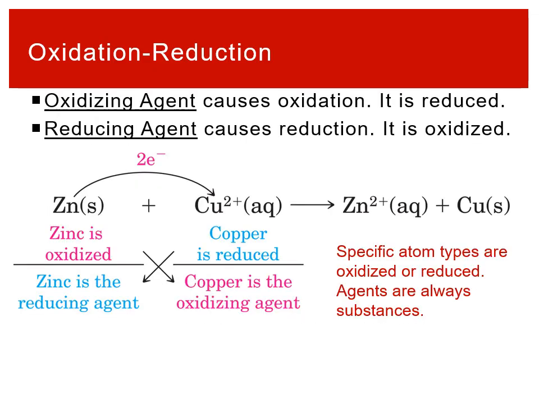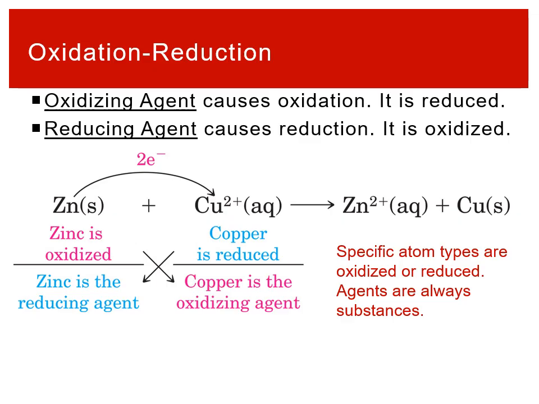You can complicate this just a little more, get a little more language, and that is talking about oxidizing and reducing agents. A lot of times when we're doing chemical reactions, we want to think about what we can make happen, what we can cause to happen. And so an oxidizing agent is something in the reaction that causes oxidation.